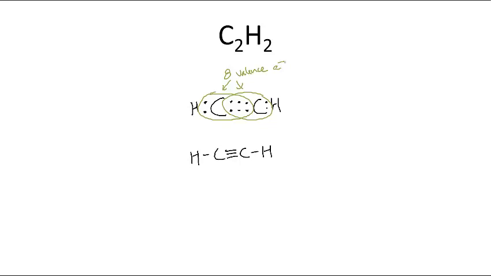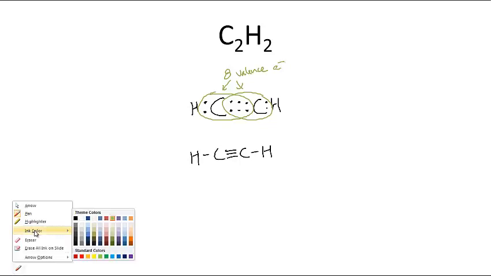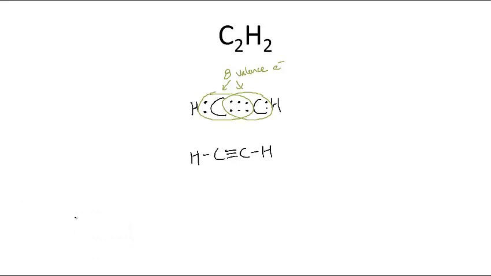Now, I kind of want to do another one here. I want to do, what do I want to do? I want to do N H3. All right, so if I draw my Lewis structure, you come out with this.